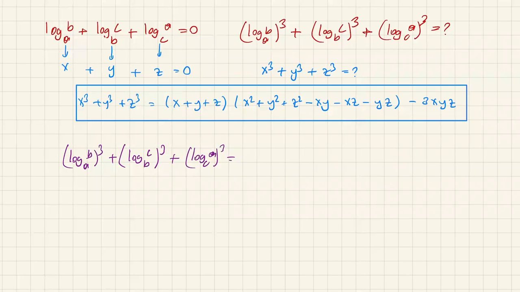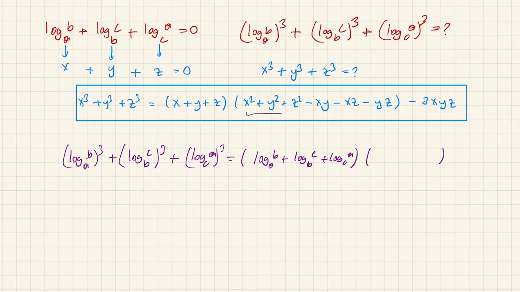So now I'm going to put those back into the identity. That would be x plus y, which is this, plus log base B of C and plus log base C of A, times something.